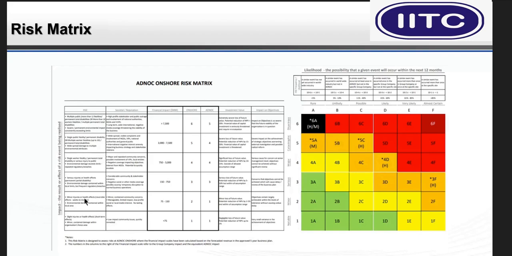We will find the level of severity from the given risk for people, environment, asset, and reputation, and likelihood we are going to identify from here. If you see here, it starts from rare, unlikely, possible, likely, very likely, and almost certain.